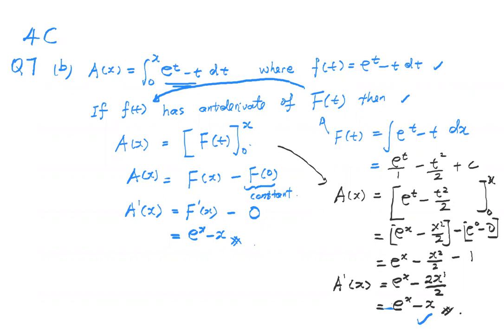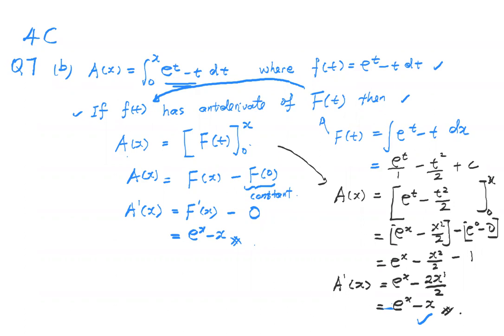So that means it's telling you you don't have to integrate, but you have to write down all these steps properly. Your book straight away writes down A(x) equal to F(x) minus F(0), or F(2). For our case here it is F(0). So the back one definitely is a constant. That's it.